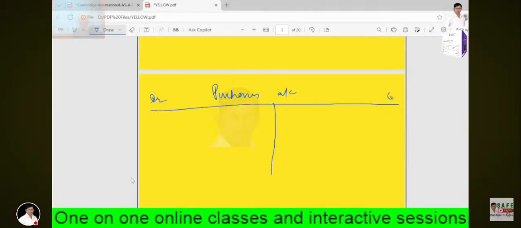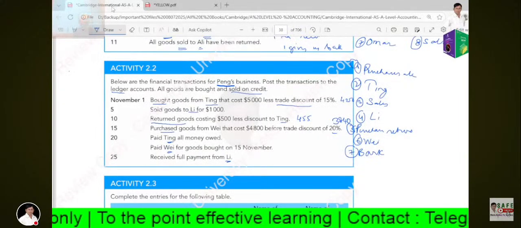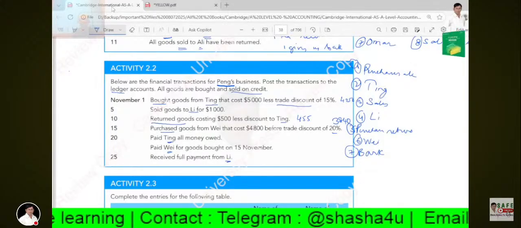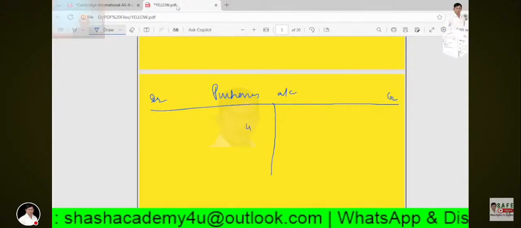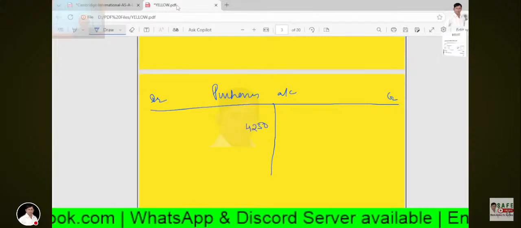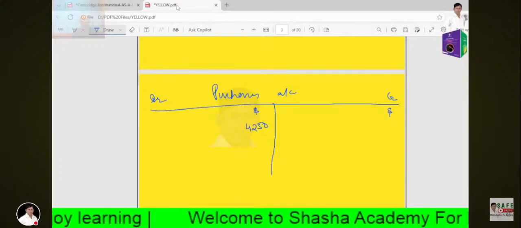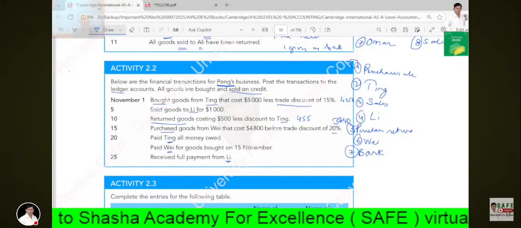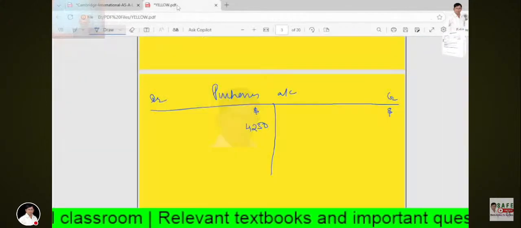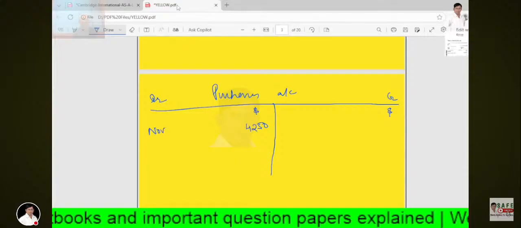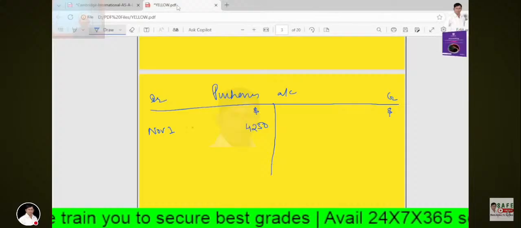This side is always credit. So the purchases account will be debited with 4250, because purchases is an expense, and an expense account is always debited. Always write the dollars, don't forget to write the dollars. And what is the date? November 1, bought from Tinge. So November 1, purchases account debit to Tinge.